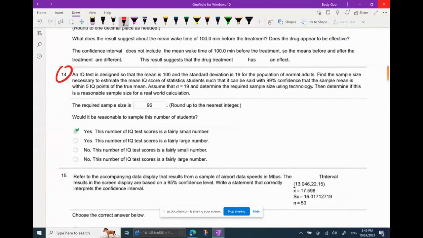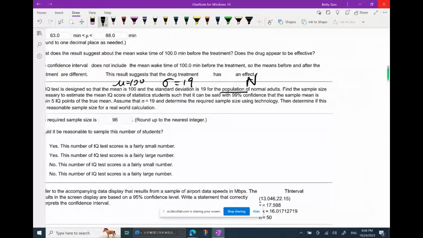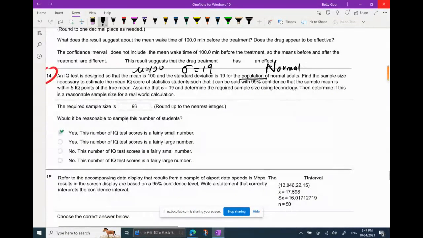An IQ test is designed so that the mean is 100 and standard deviation is 19 for the population. You see that? For the population. So we have a mean here, 100, and 19, for a normal distribution. Find the sample size necessary to estimate the mean IQ score of a statistics student.